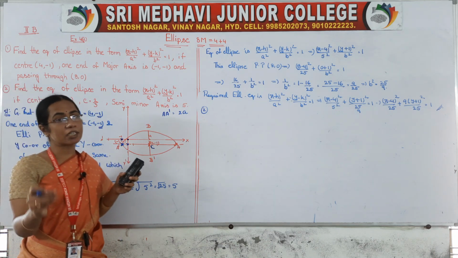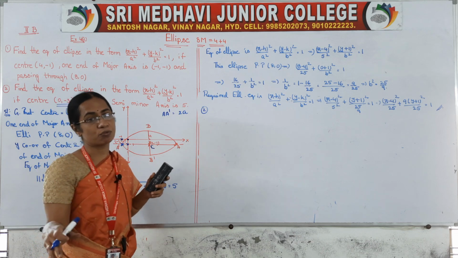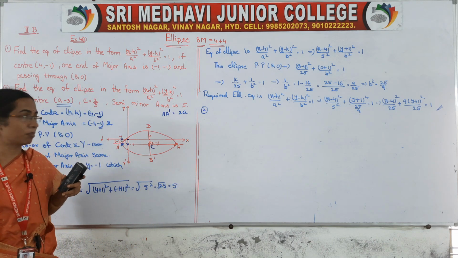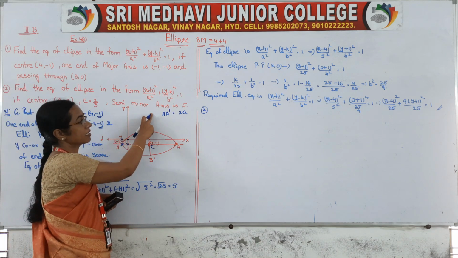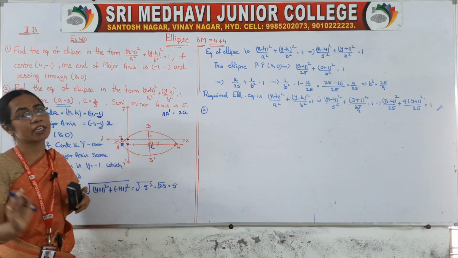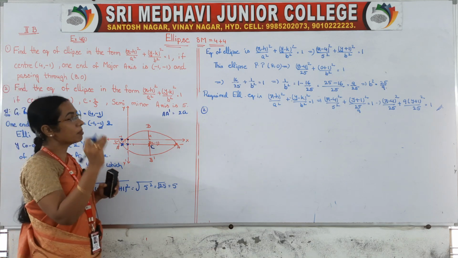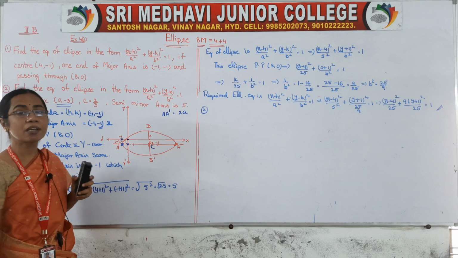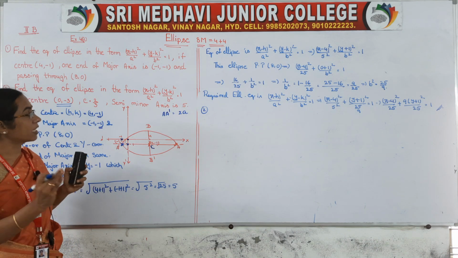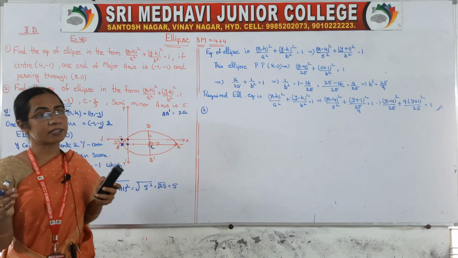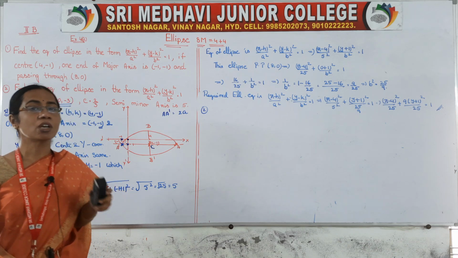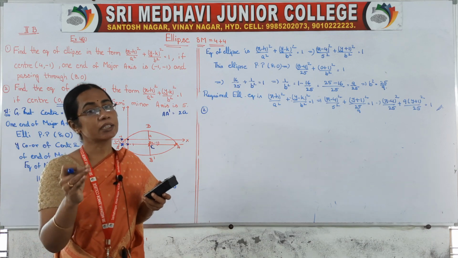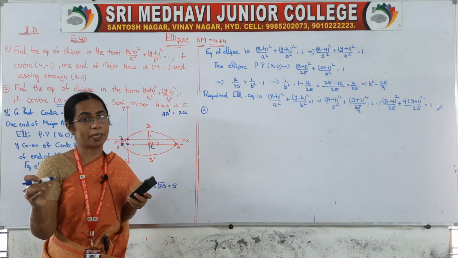If it is not mentioned whether it is the third case or the fourth case, we will take the third case as our standard form. So the minor axis we will take as 2b, and the semi minor axis means half of 2b, that is b, given as 5. Generally, if nothing is mentioned, we take the length of the major axis as 2a and the length of the minor axis as 2b.